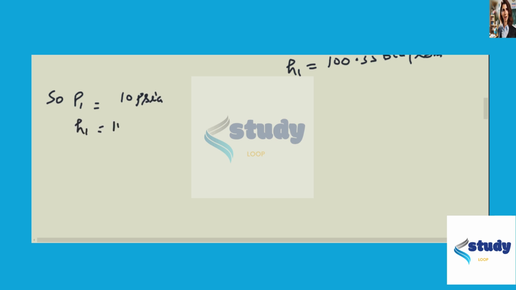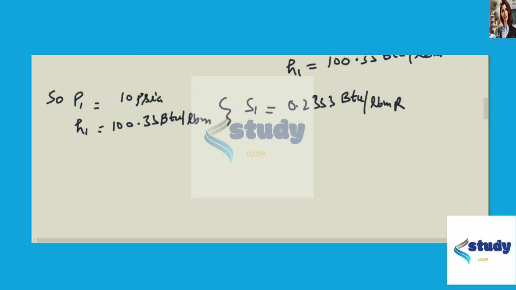H1 we have already calculated, 100.33 BTU per pound mass, and entropy to be 0.0233 BTU per pound mass.